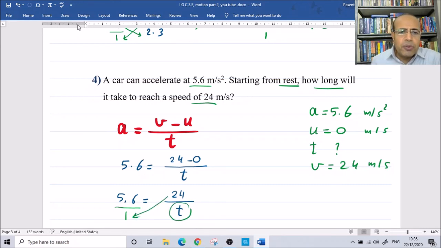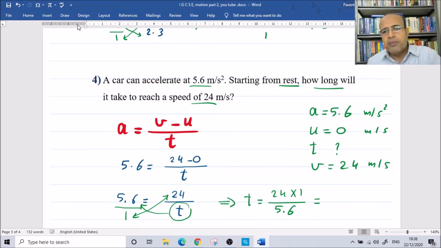So 24 multiplied by 1 divided by 5.6. So t equals 24 multiplied by 1 divided by 5.6. So the answer is approximately 4.3 seconds. I hope you understand this topic. Thank you.